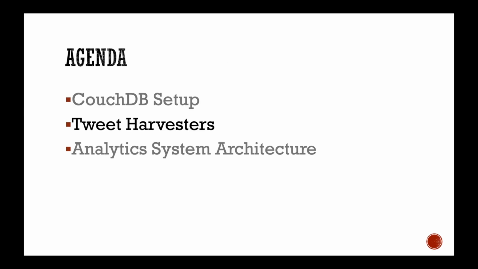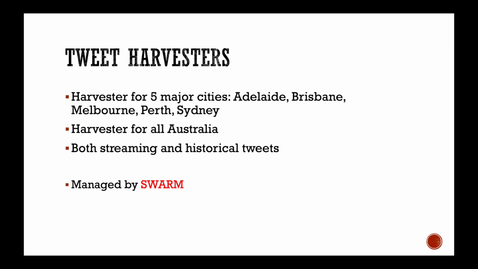So next, let's go check our tweet harvesters. Since our analytics are based on 5 major cities in Australia, we will have 1 tweet harvester for each of the cities, and also we will have 1 harvester for all Australia regions, including all the cities.